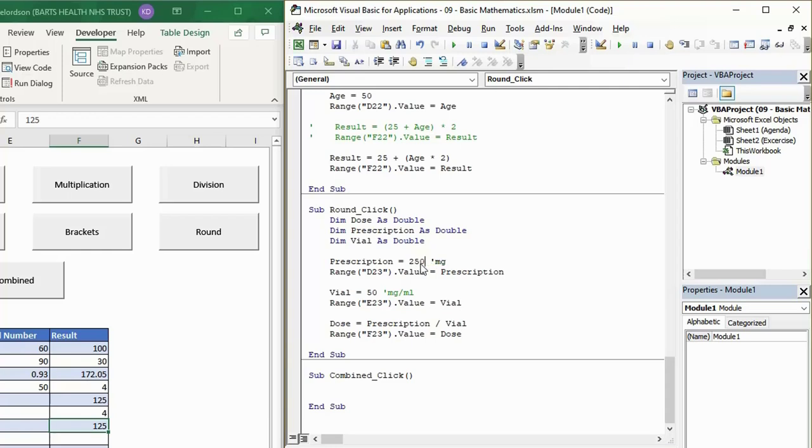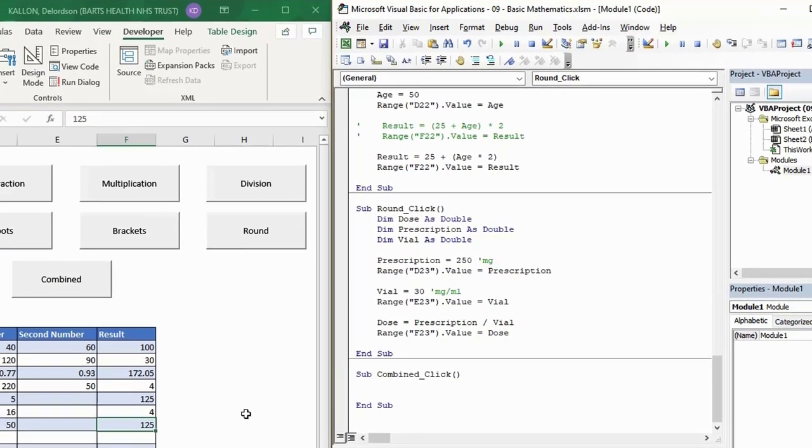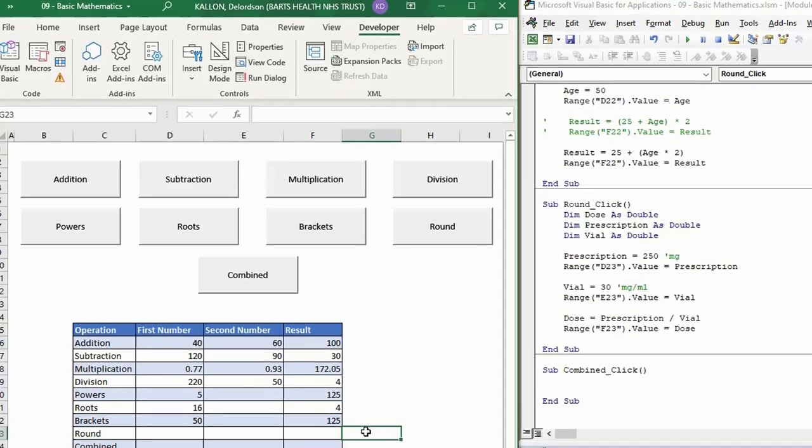I'll change the values of the prescription and the vial. So we have a prescription of 250. We have a vial that's a concentration of 30 milligrams per mil, and we want to calculate the drug dose. Let's run the code without rounding and see what we get. And as you can see, we get 8.33 recurring.